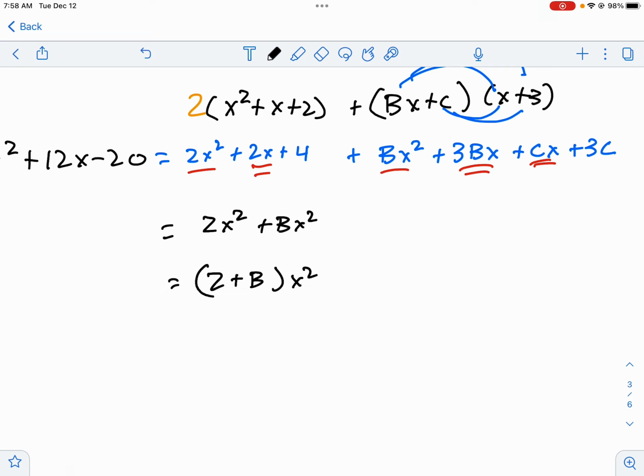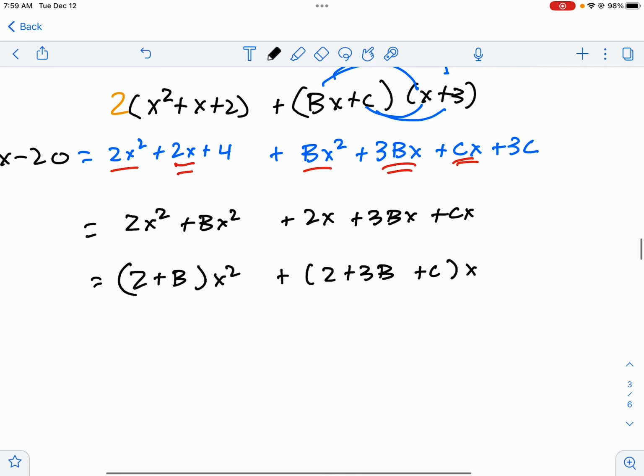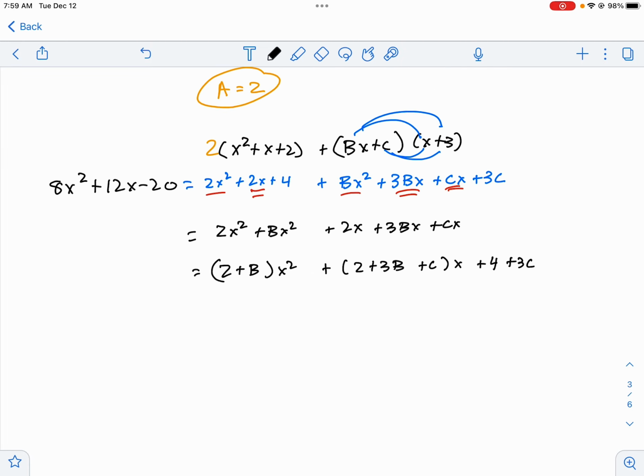I have 2x plus 3bx plus cx. And that becomes, if I take out an x, 2 plus 3b plus c, times x. And then I have plus 4 plus 3c with nothing there.